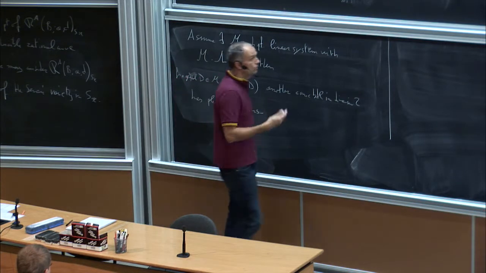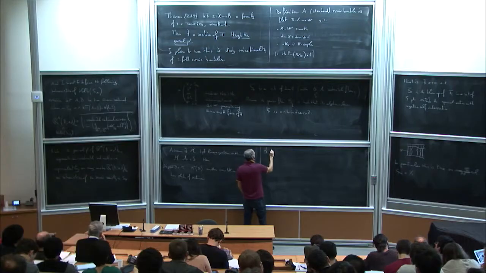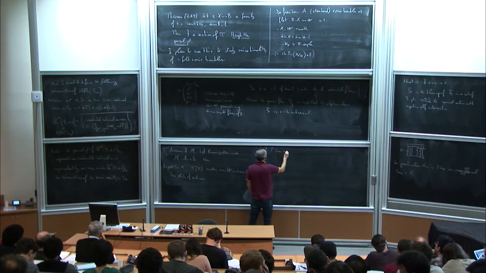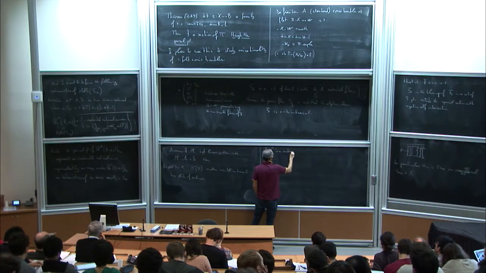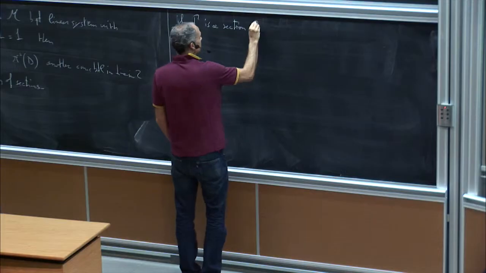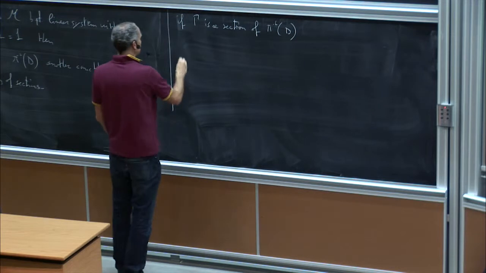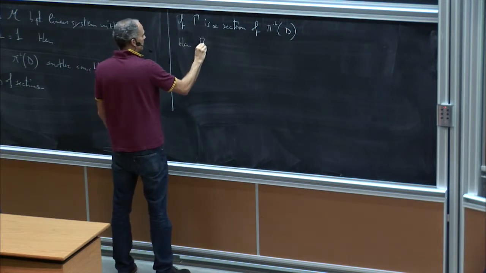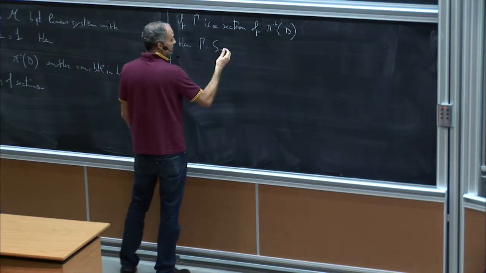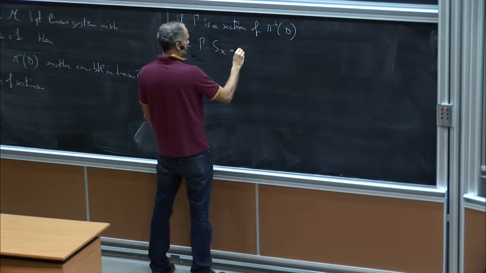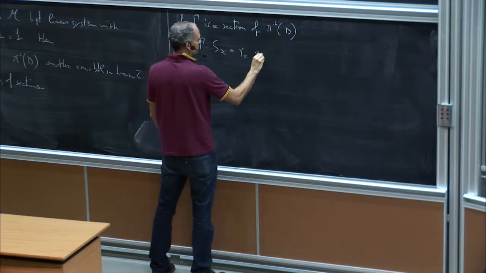And so if we fix one of these sections, so if gamma is a section, then gamma intersected Sx is just a point. Let me call it gamma x, a point.